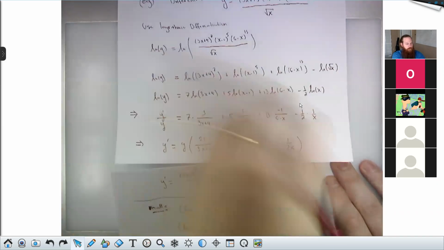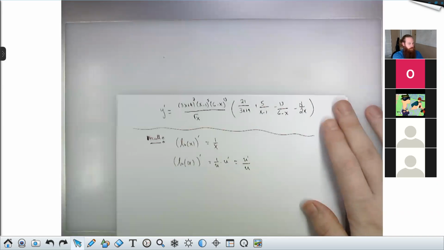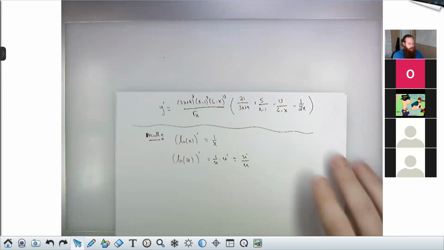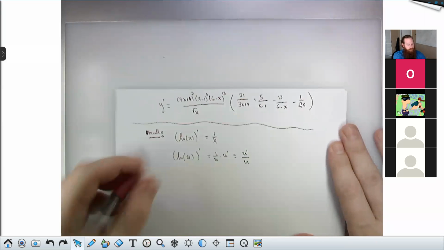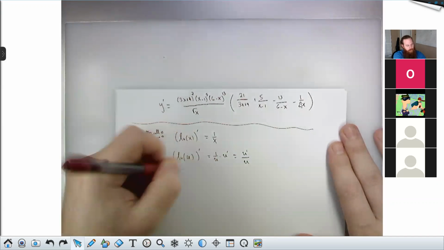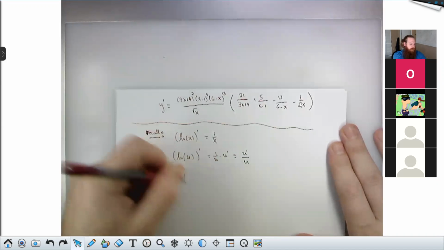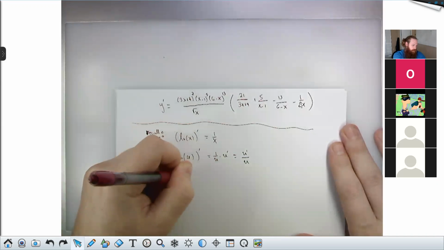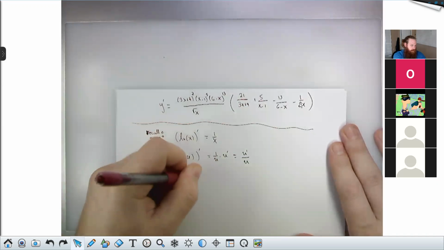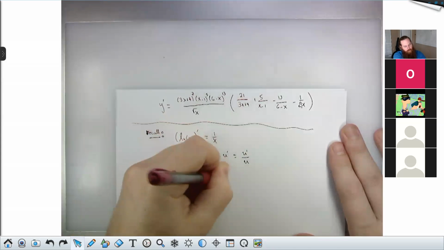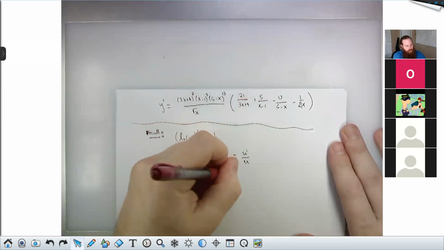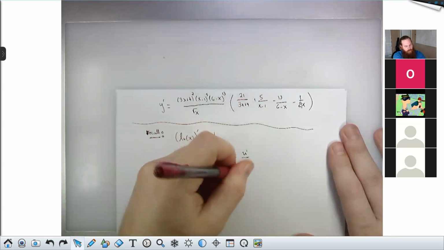So anytime I have to differentiate a natural log, I just get the derivative of the inside divided by the inside. For example, if I wanted to differentiate the natural log of sine of x, this would be the derivative of sine, which is cosine, over sine.